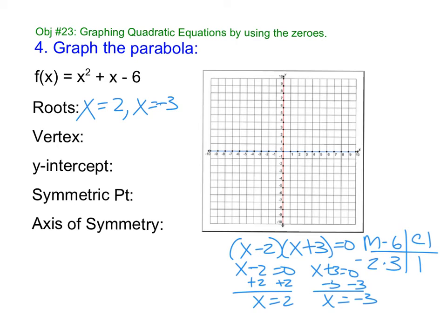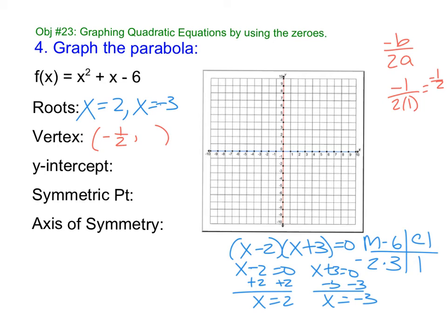Vertex is our -b over 2a, so we are going to get a fraction here because our b value is what? Our b value is 1. So -1 over 2 times 1 is -1/2. So -1/2, comma, now we've got to plug -1/2 into the equation.